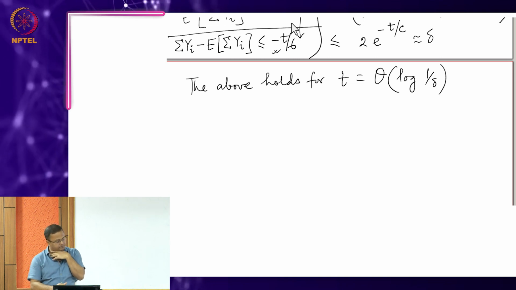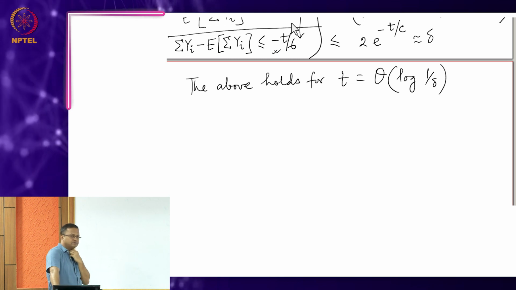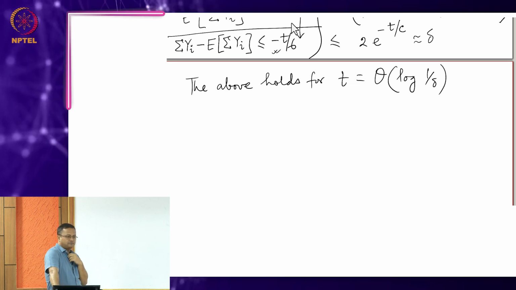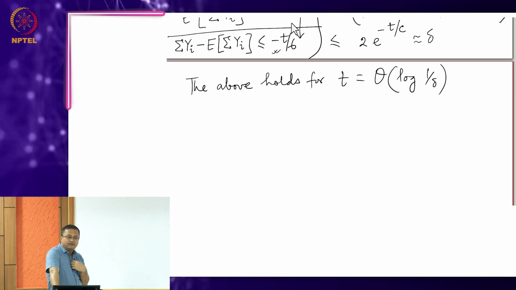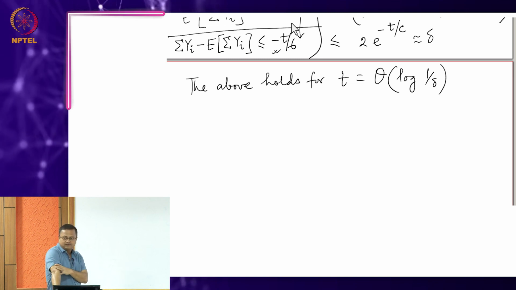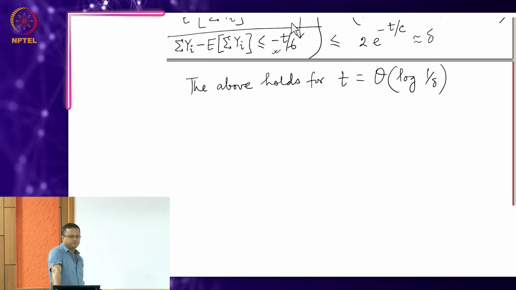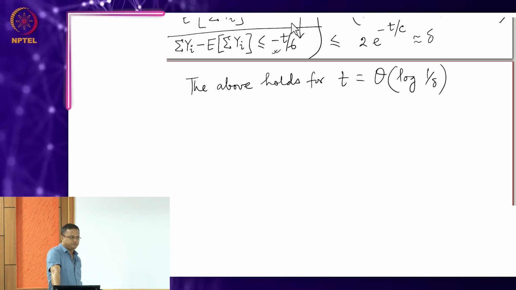Fine. So you can now get whatever error probability that you need, but you need to spend space for that. That is the takeaway.